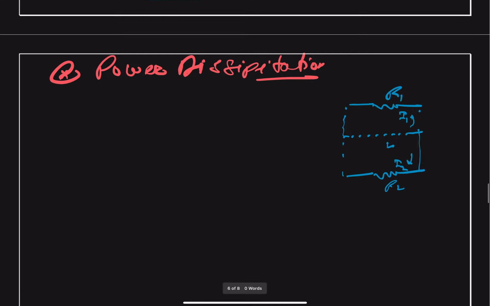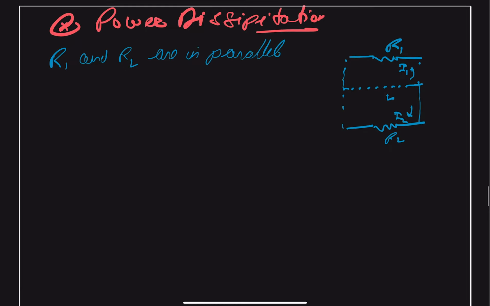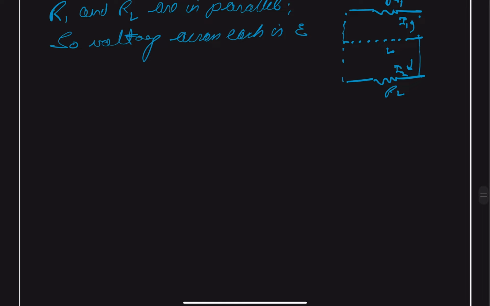So we can write that R1 and R2 are in parallel, so the voltage across each is the induced EMF. From here we can write that I1 will be equal to induced EMF divided by R1.